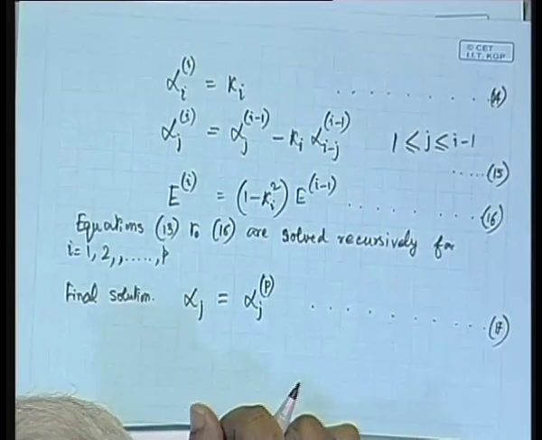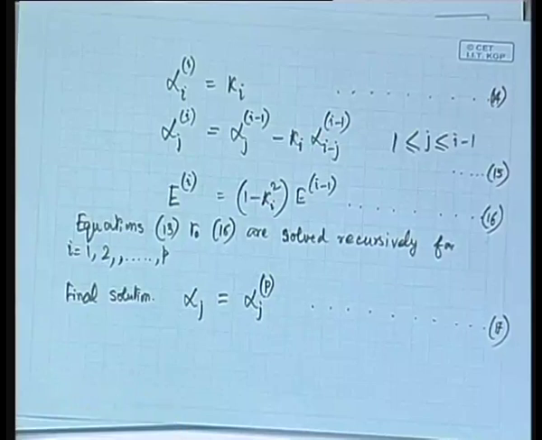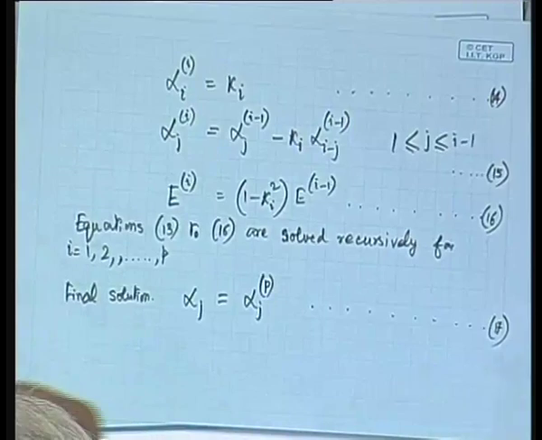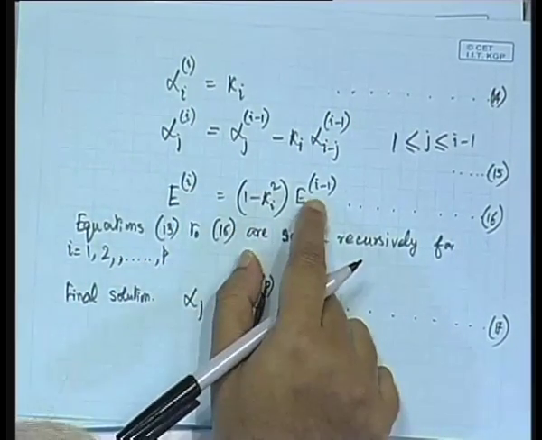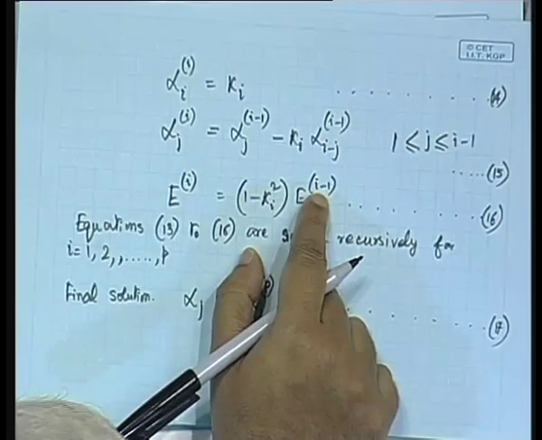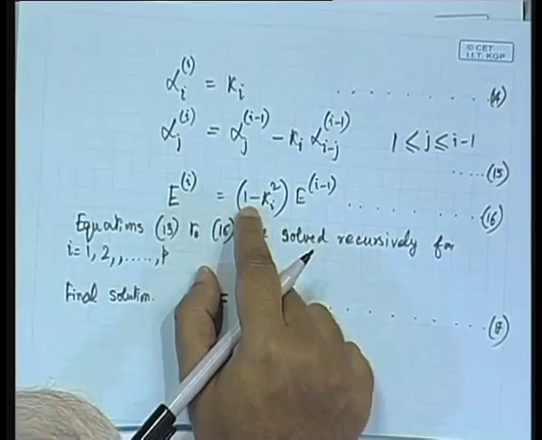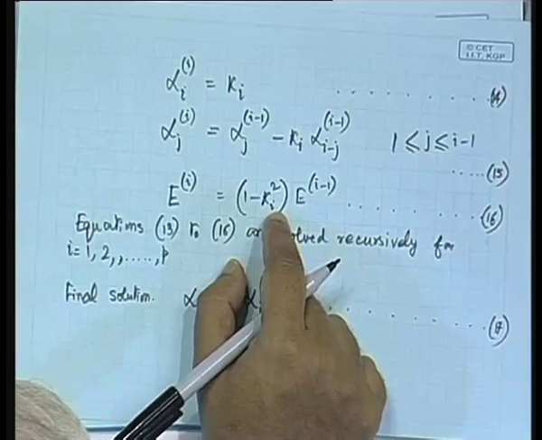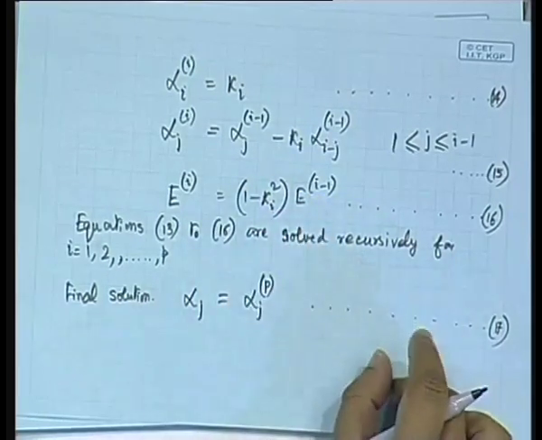So in that case, what we have to do is directly go over to equation number 16 with I is equal to 1. So that means to say that we can now obtain E1, right? E1 in terms of E0, because if we put I is equal to 1, in that case it is E0. So E1 is equal to 1 minus K1 square into E0. So let us apply that.